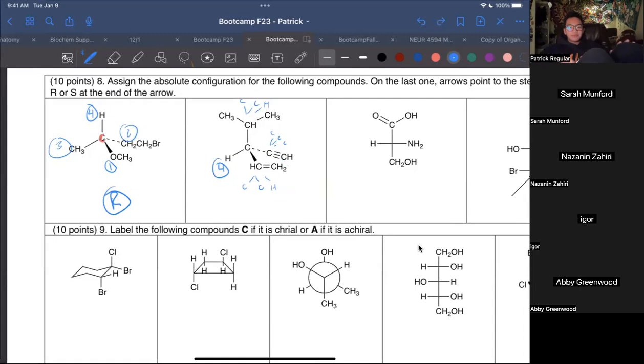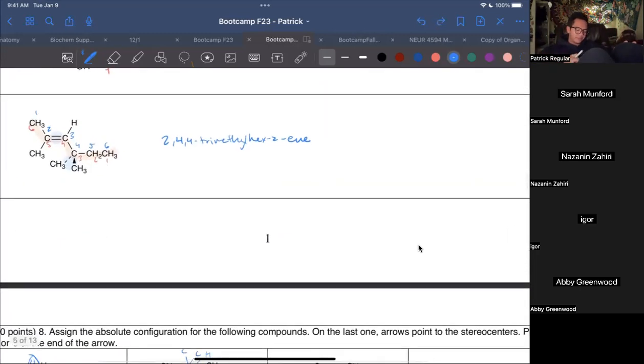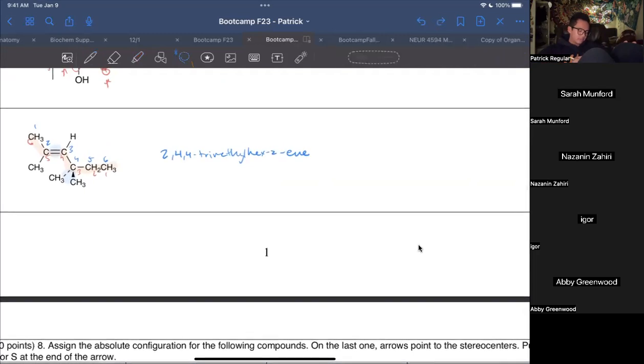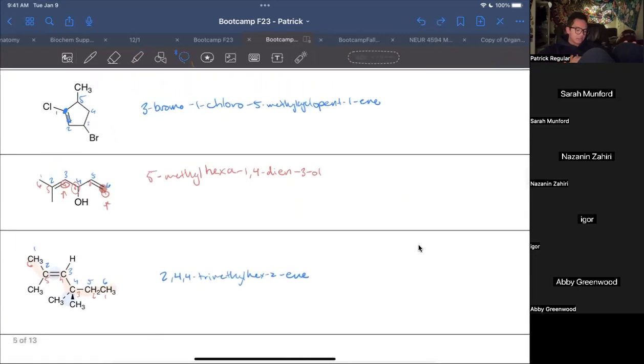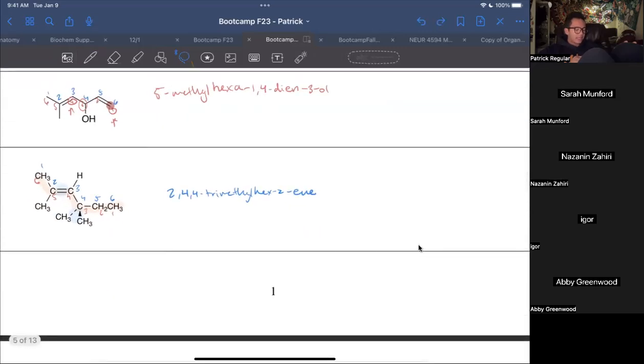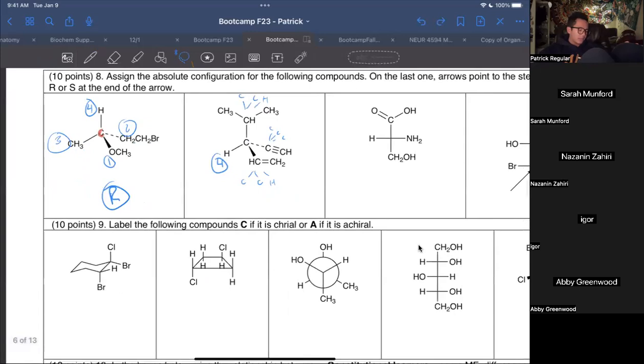It's hex-2, hexadiene. This would be 1. This would be 2. This would be 3. If I were to look at that, 1, 2, 3, that would be R.